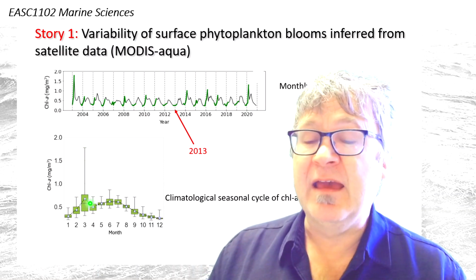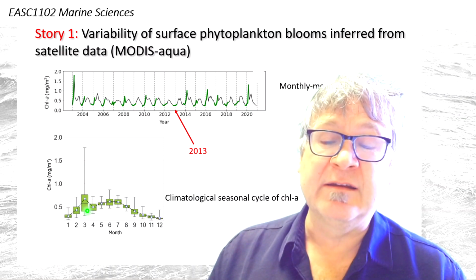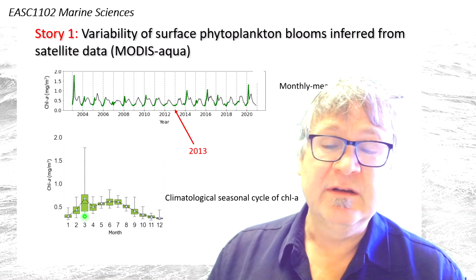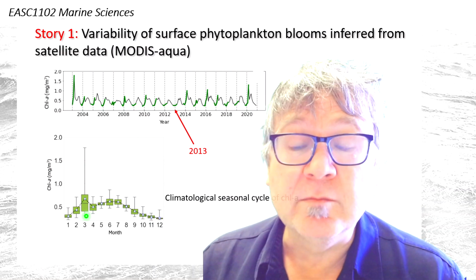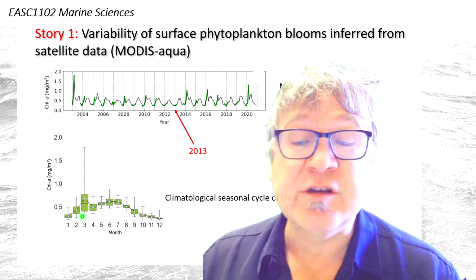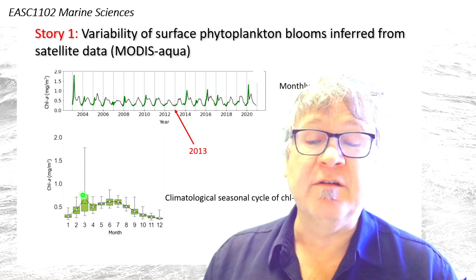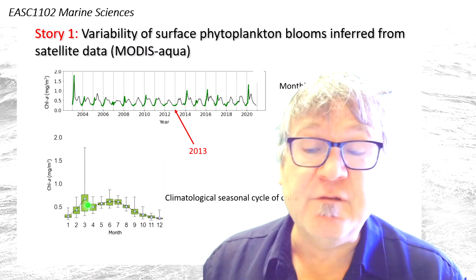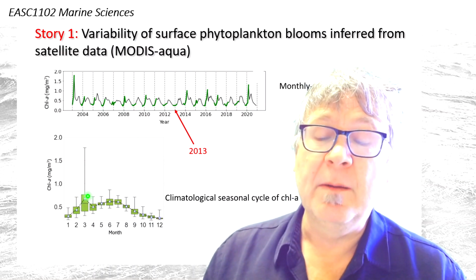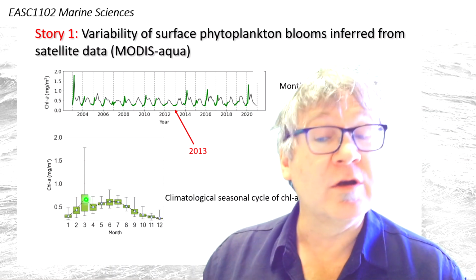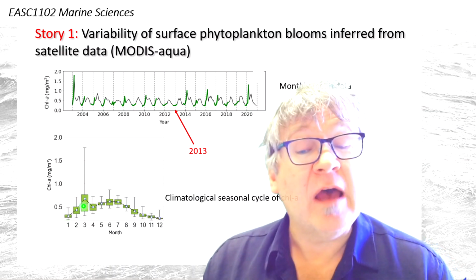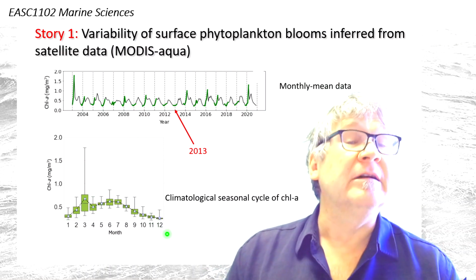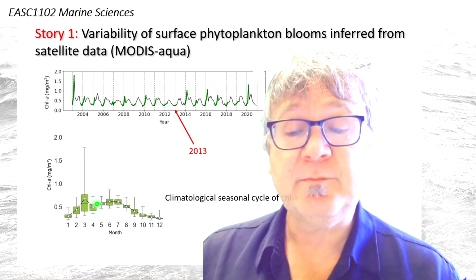And then you have another 25% and another 25% showing the absolute minimum. You see the entire range of the data, and 50% of the data are within the box. You can see the median, and the average value is shown by this little circle. This is how you can show the seasonal cycle using all the data.